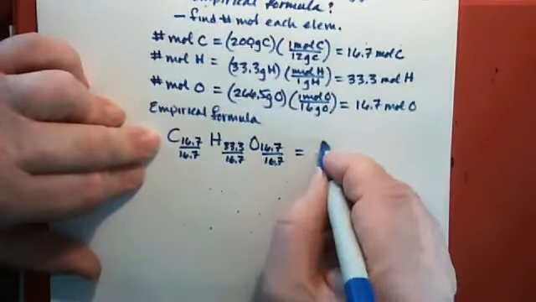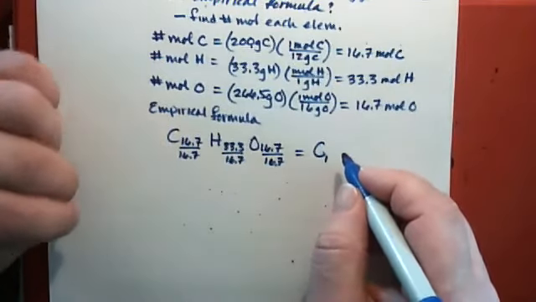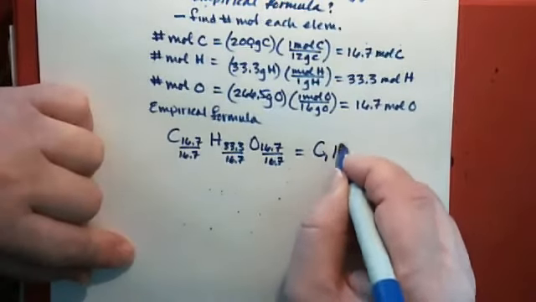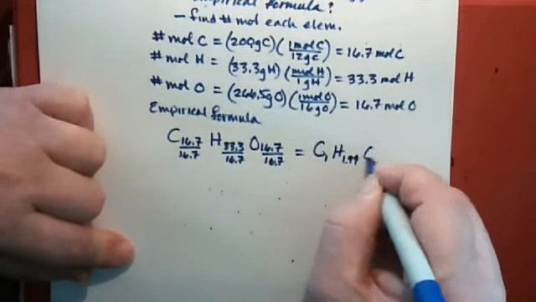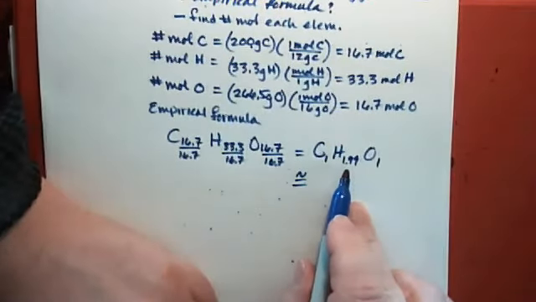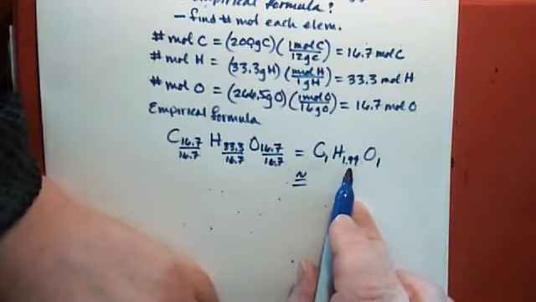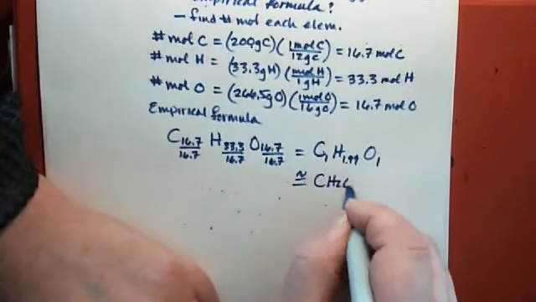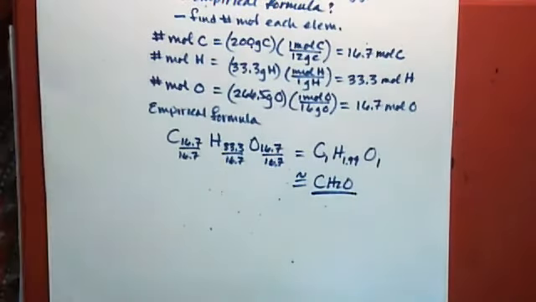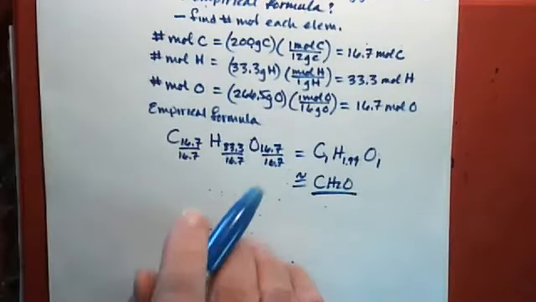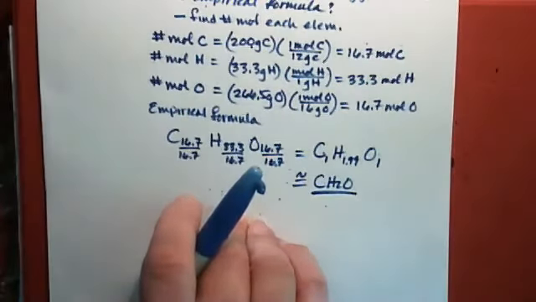And you end up with C 1, H 1.99, O 1. When you come up with a number like 1.99, you can round that off to 2. And you don't have to write the 1s for the C and the O. So we end up with empirical formula CH2O. And it's really that simple. CH2O is the empirical formula.